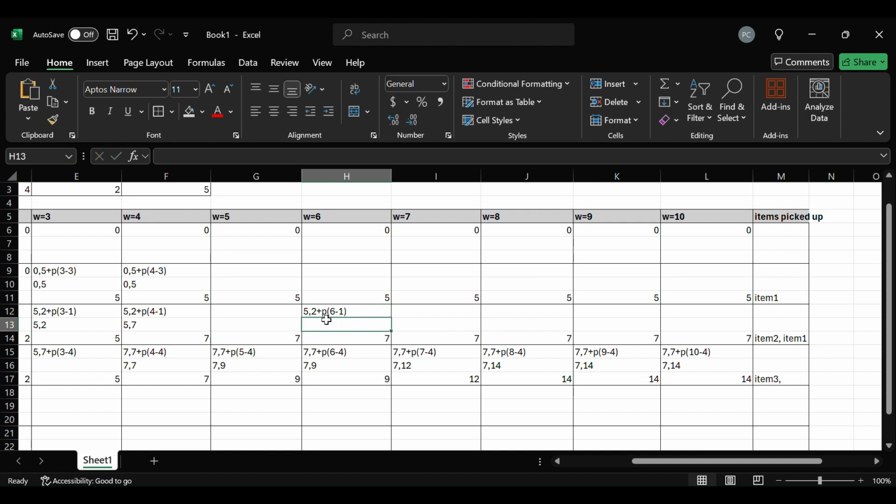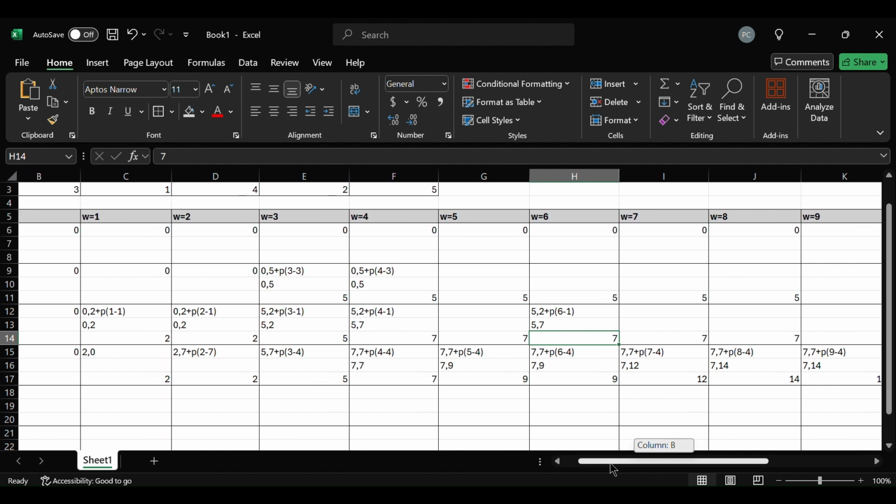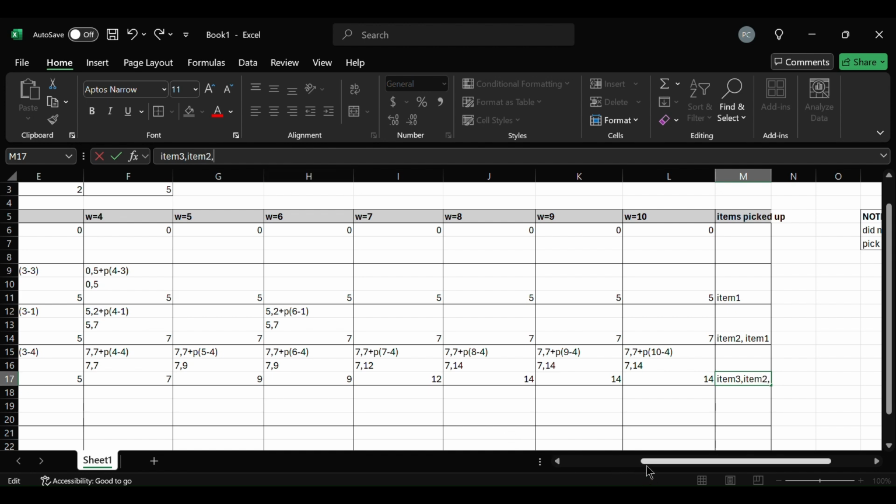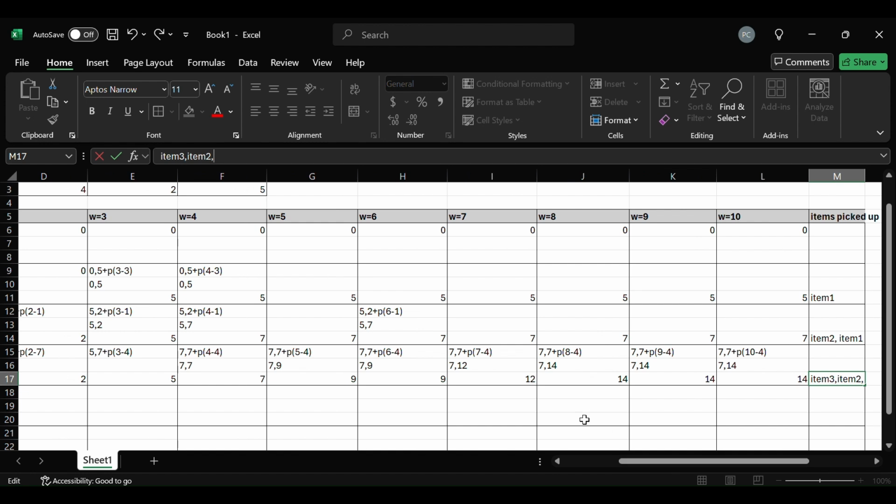So we're picking up the item, so 5, 7, right? We're picking up this item, which is item number 2. So place it here, item number 2, and our remainder is P of 6 minus 1.